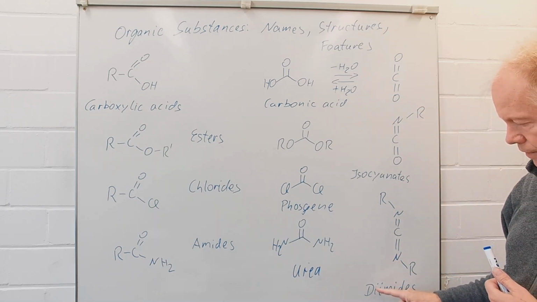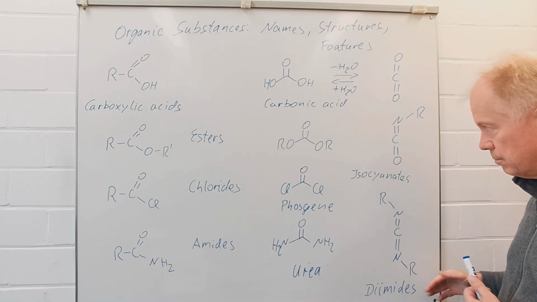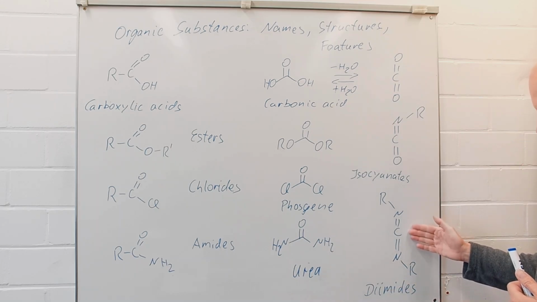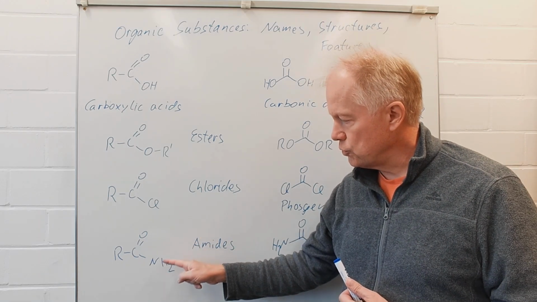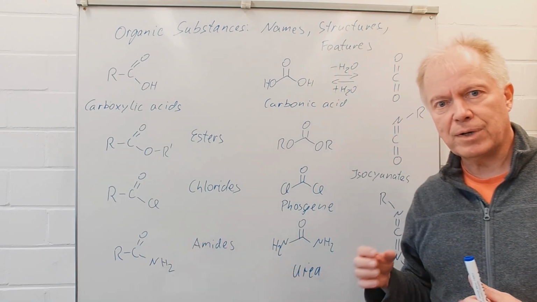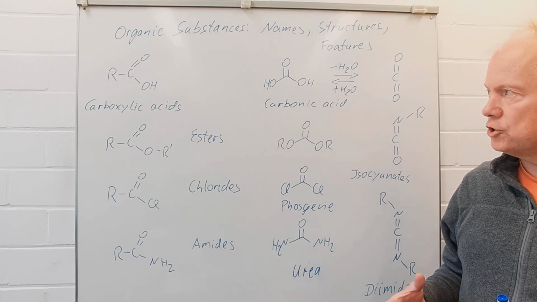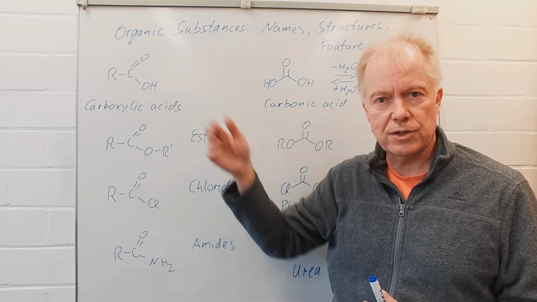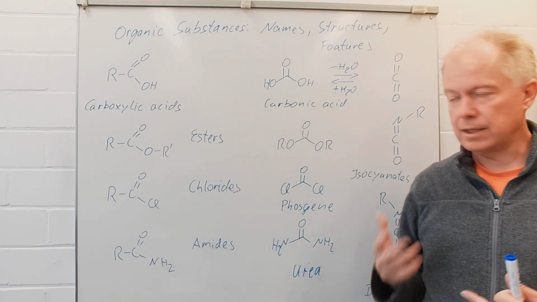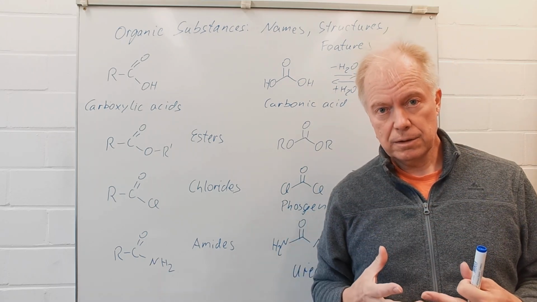Those are so-called diimides, and they are used, for instance, for producing carboxylic acid amides by the direct combination of a carboxylic acid and an amine.